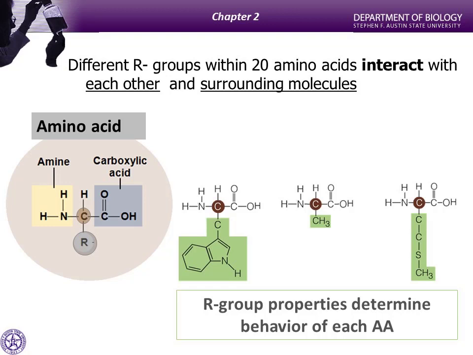You get up to some really complex amino acids, tryptophan, phenylalanine, they have these very complex carbon rings. These R groups are going to provide certain characteristics to the amino acid that will then relate to the function of the protein. We have a whole series of amino acids that are just hydrocarbons.